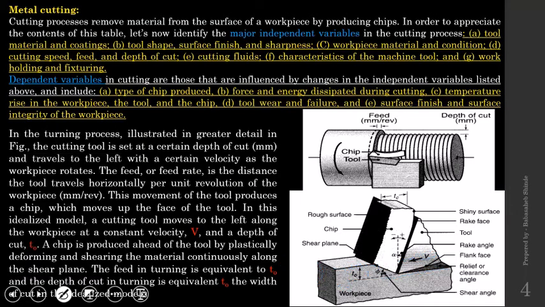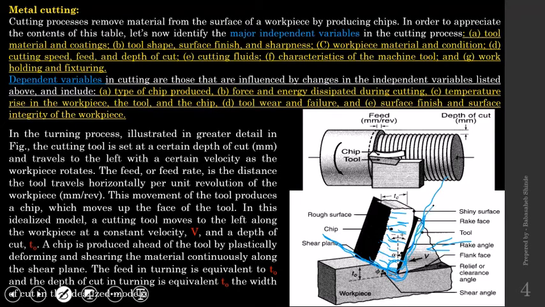Now while removing the material, when the cutting tool proceeds in this direction, what will happen? Over here, the material will start deforming because of the relative motion between the cutting tool and workpiece. And after deformation, the material will start shearing along this plane. Along this plane, you can find the material shearing and moving along this rake face.